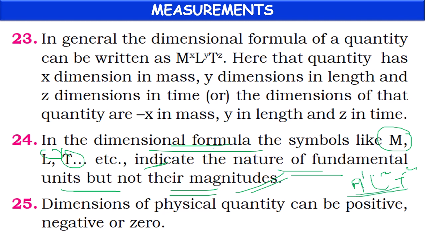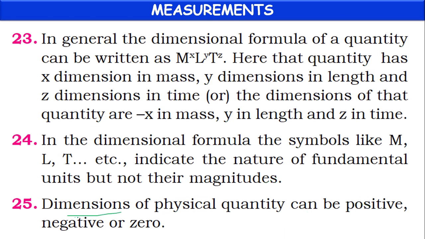One time it has appeared. Nature of length, 2 times it has appeared. But is it 10 kg or 20 kg? That we are not going to represent with the help of dimensions. So they represent only the nature but not the value. So dimensions of a physical quantity can be positive, can be negative, can be 0.